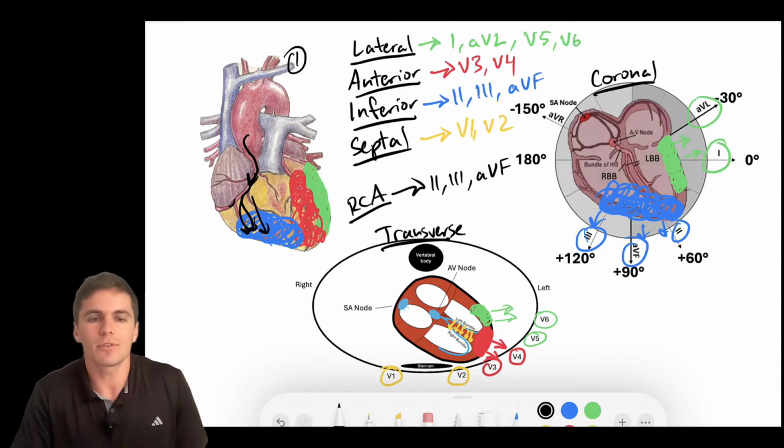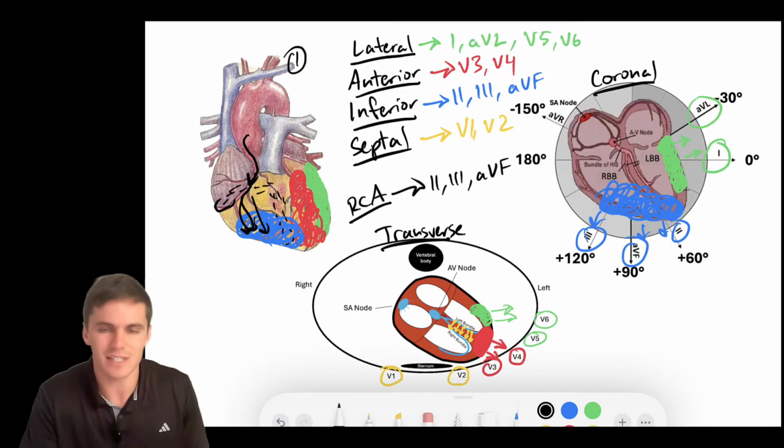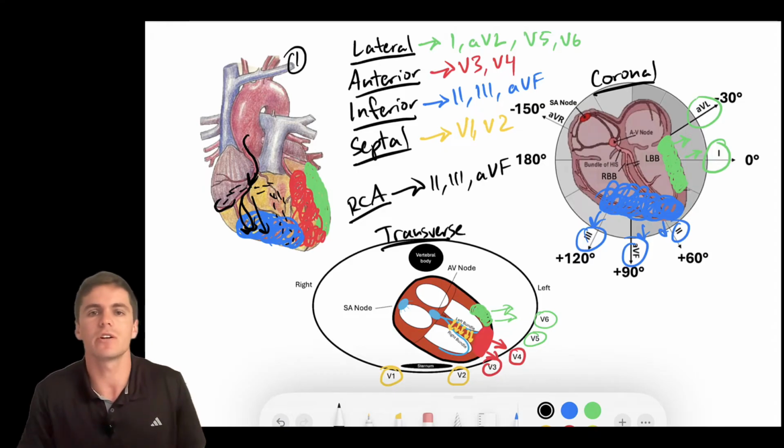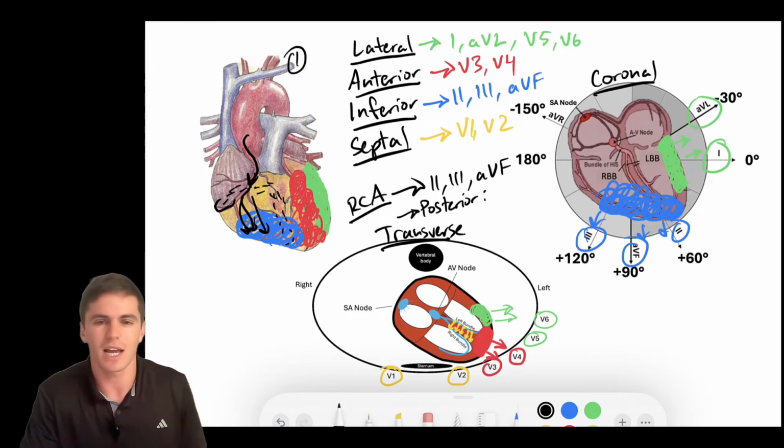And we said that 80% of the time, that right coronary is going to wrap around, and if I had X-ray vision, is going to also supply the posterior descending, so it's also going to see the posterior aspect of the myocardium.